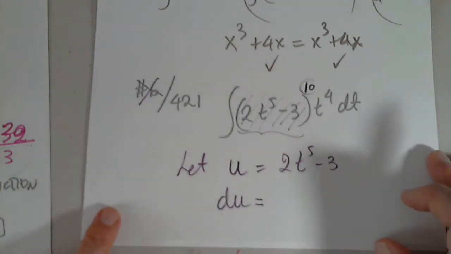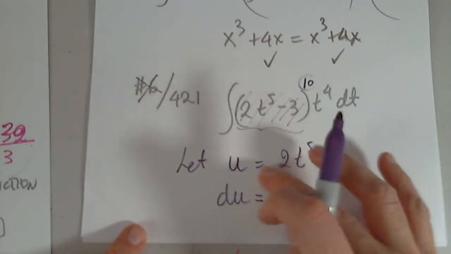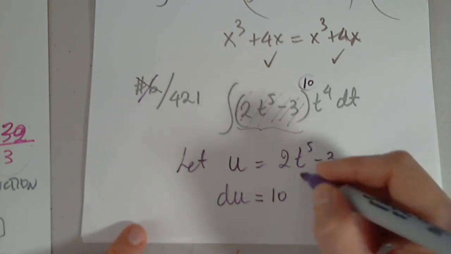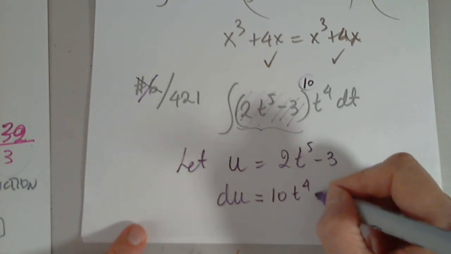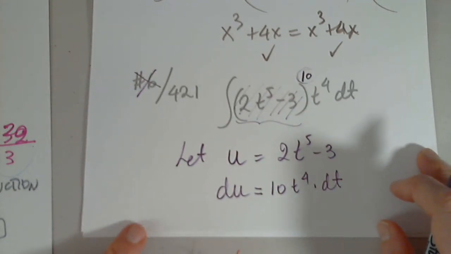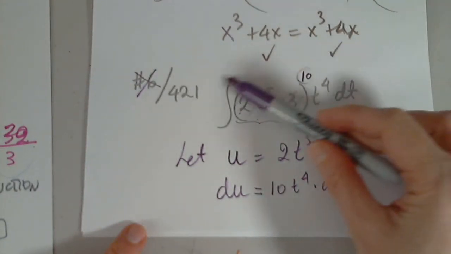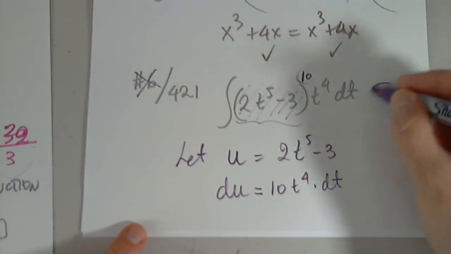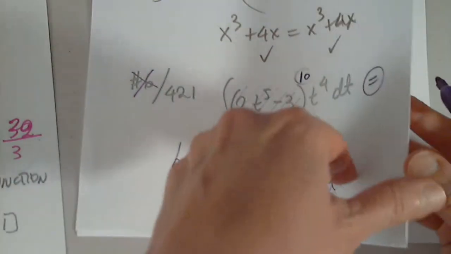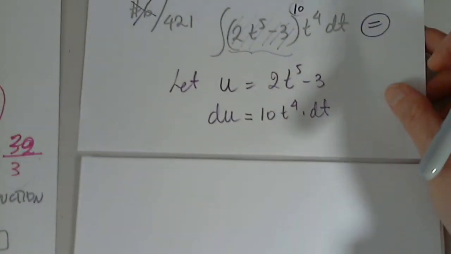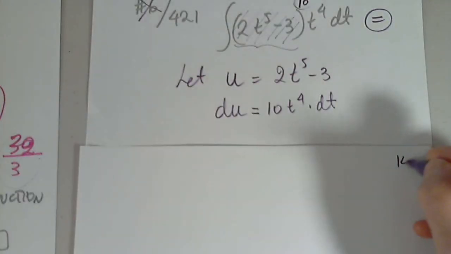Okay, so the differential of this function will be 10 t to the fourth multiplied by dt. So if I have an integral in t, when I change it into an integral in u, because we use the notation u, everything must go.